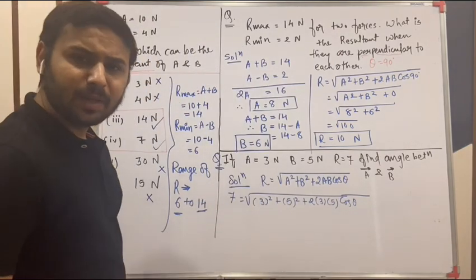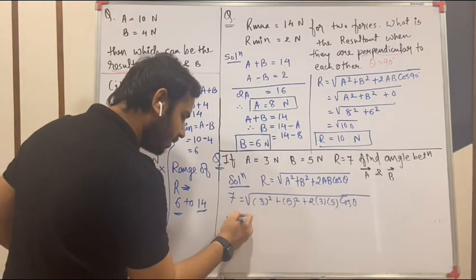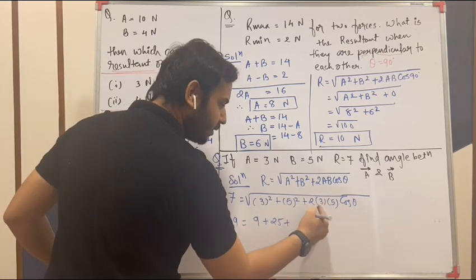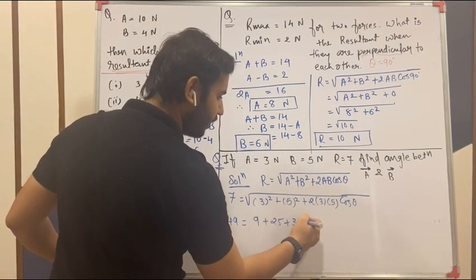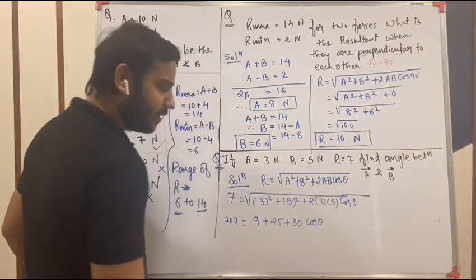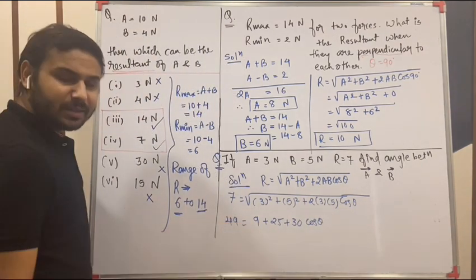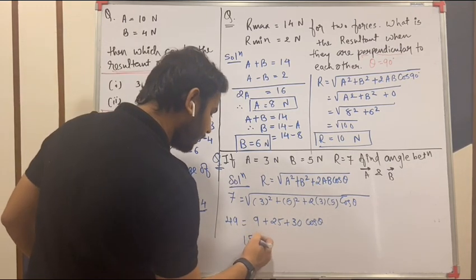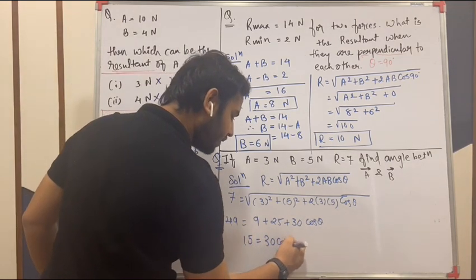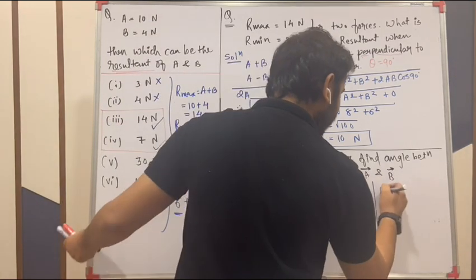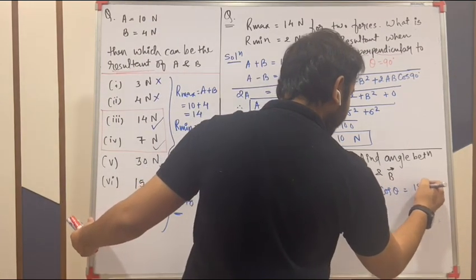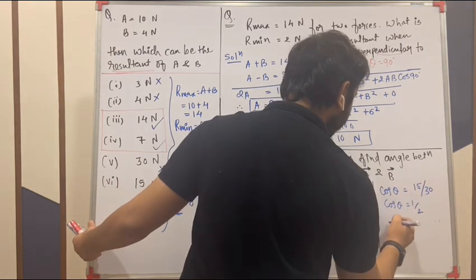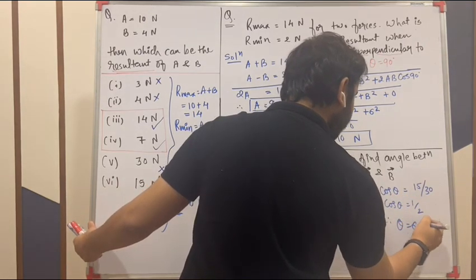Okay, now squaring both sides. 7 square is 49. 3 square is 9, 5 square is 25, 2 3s are 6, 6 5s are 30 cos theta. 49 minus 9, that will become 40. 40 minus 25, that will become 15. So 15 is equal to 30 cos theta. Right? Cos theta is 15 upon 30, so cos theta is 1 by 2. Therefore, theta is 60 degree.